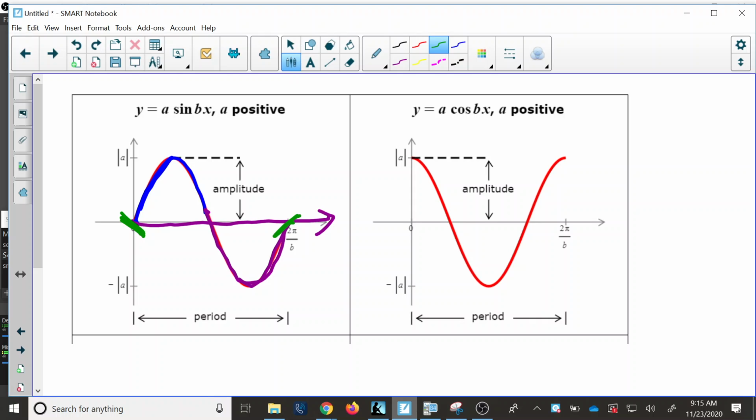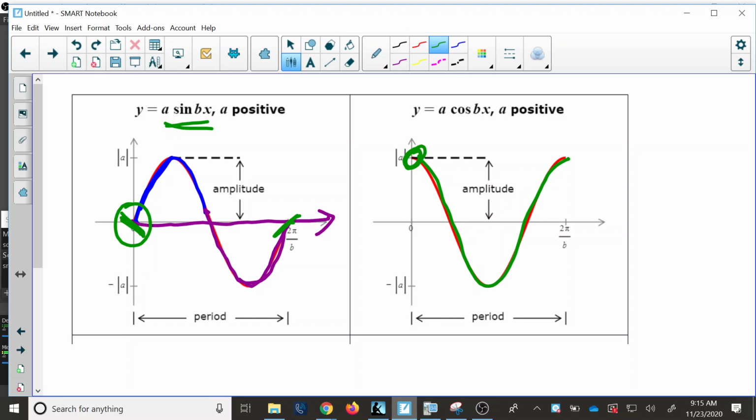So remember, the sine function starts at the origin, whereas the cos function starts at the y-axis, not at the origin, and it has a different shape than the sine function. It starts high, then goes down and comes back to the same amplitude height.